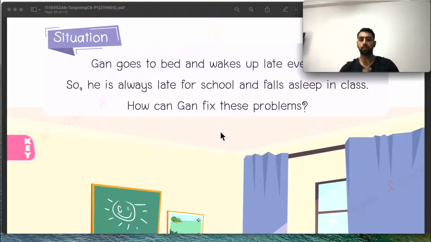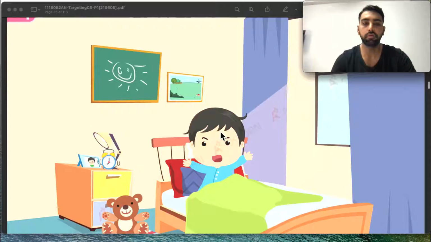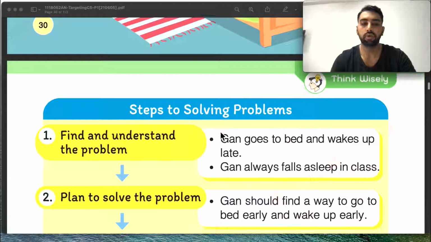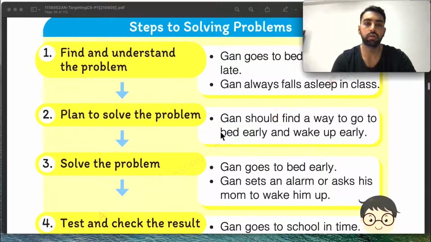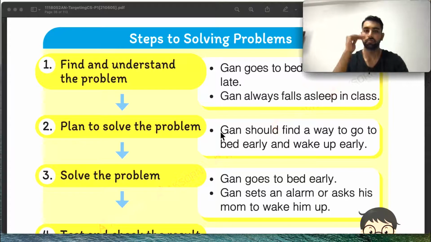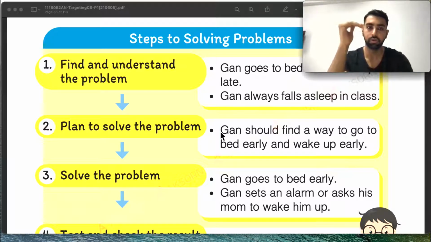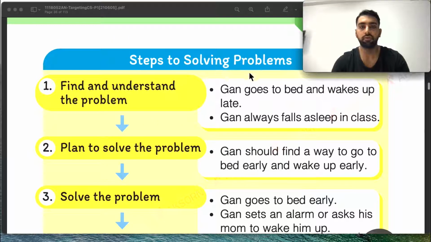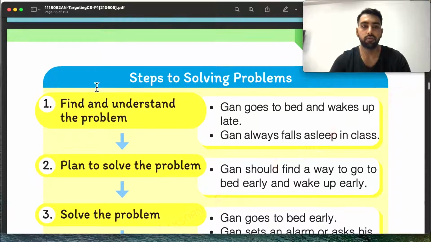So Gang is always late. What is the problem here? We have to find the problem. These are the steps of solving a problem: number 1, 2, 3, 4. Number one is find and understand the problem. What is the problem?